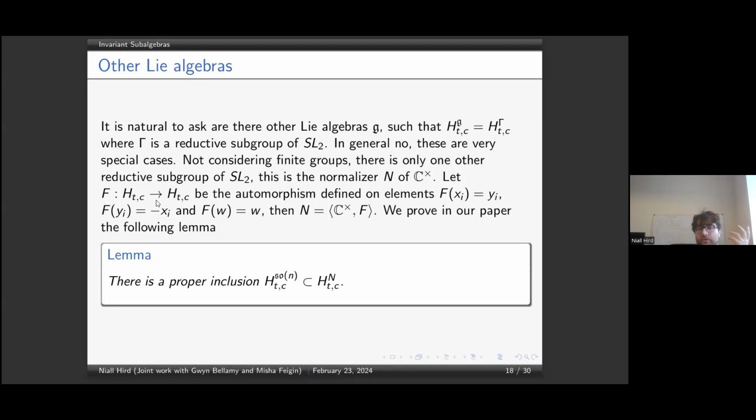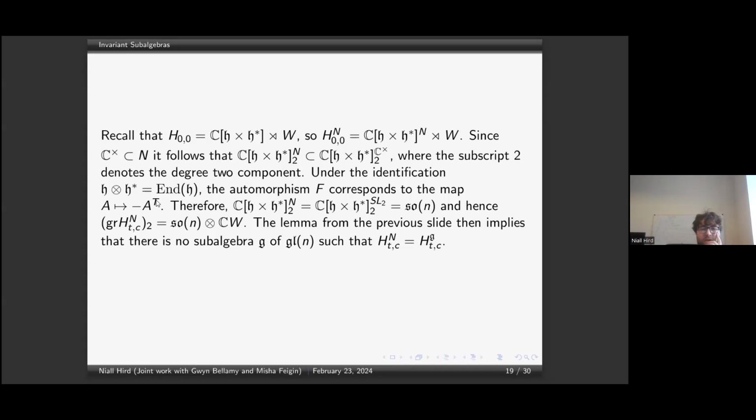So in conclusion, only these two reductive subgroups have this property. They match up nicely with Lie algebras. If you are interested and go and read the paper after this talk, we don't really use this degree 0 notation that I've introduced so far. It just seemed a lot more natural than beginning with GLN and talking about Lie algebras. But we use the GLN notation from the start for the degree 0 subalgebra because of this link.